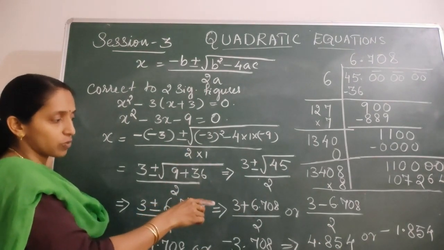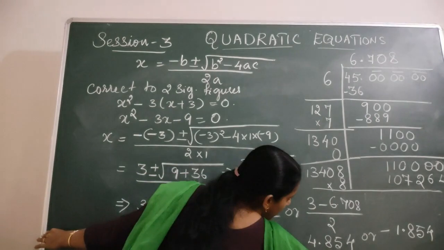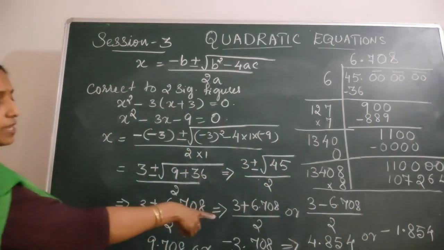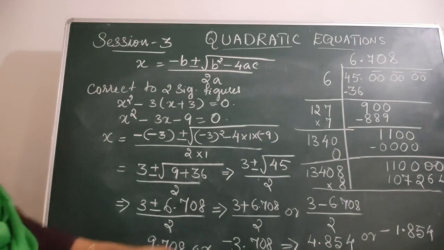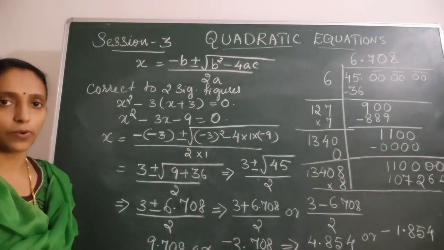So the answer is 4.9, or the second answer will be minus 1.9. So this is the final answer. Correcting to two significant figures we are getting 4.9 or minus 1.9.